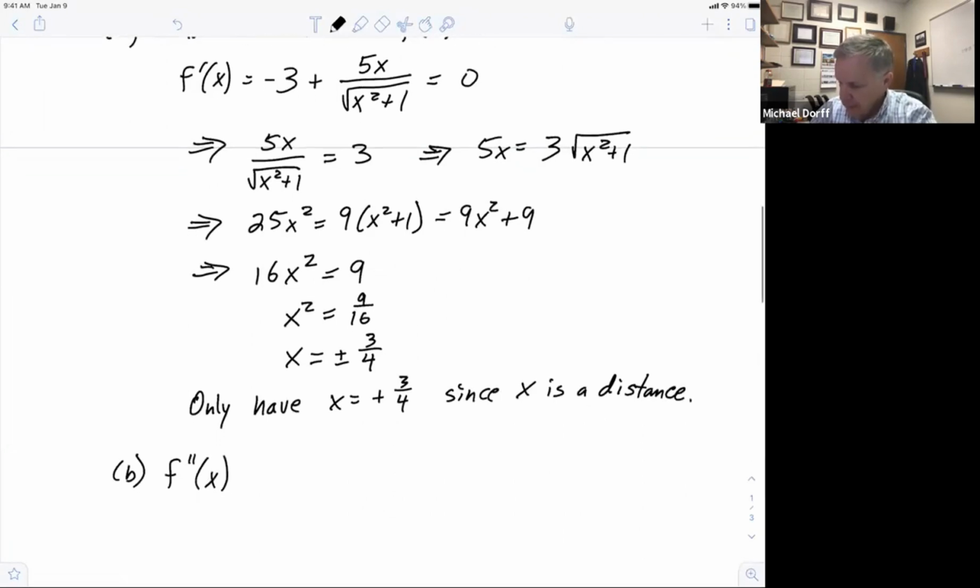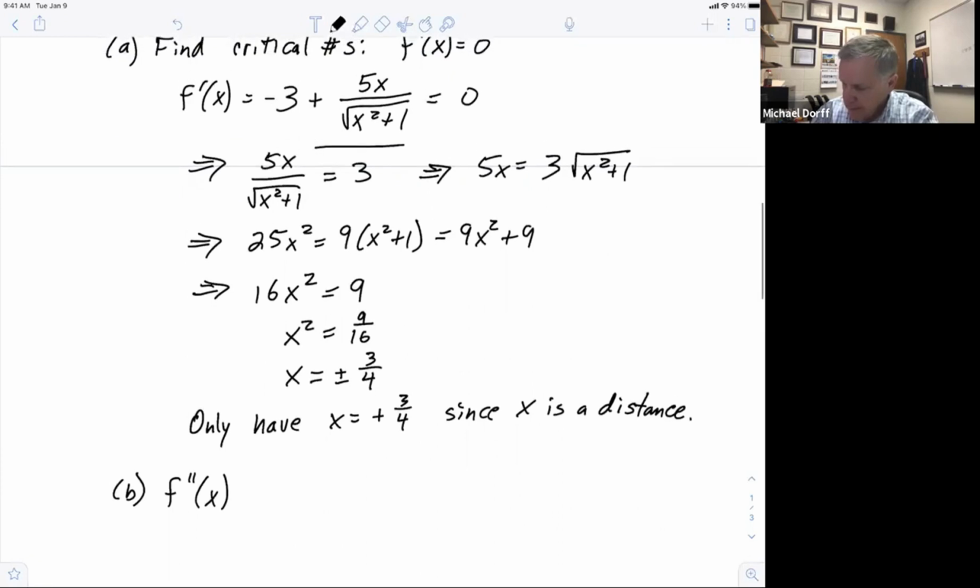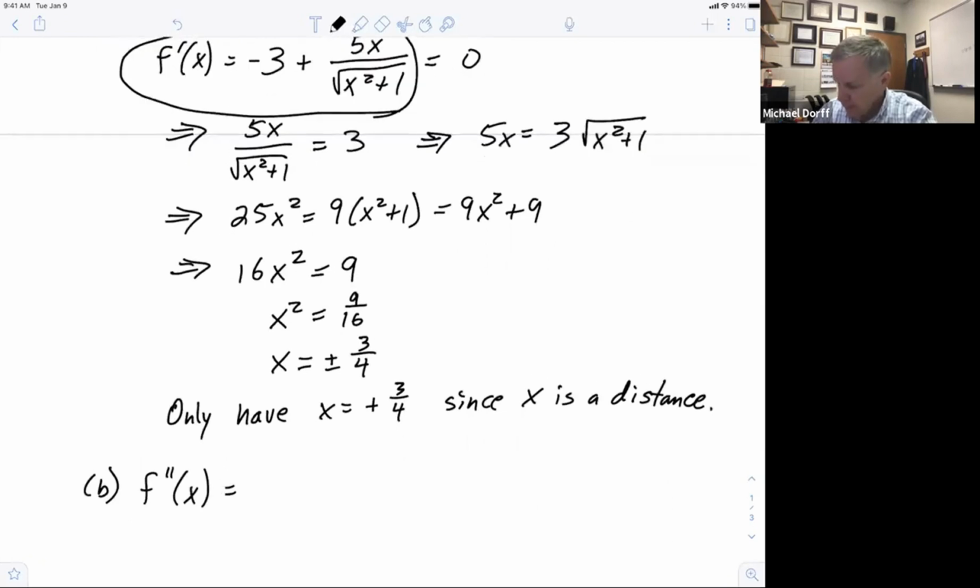So looking at what I have there, remembering, of course, up here is my first derivative. So my second derivative, derivative of -3 is 0. The derivative of 5x over the square root of x squared plus 1, I'm going to use the quotient rule. So that says the bottom times the derivative of the top, 5, minus the top times the derivative of the bottom.